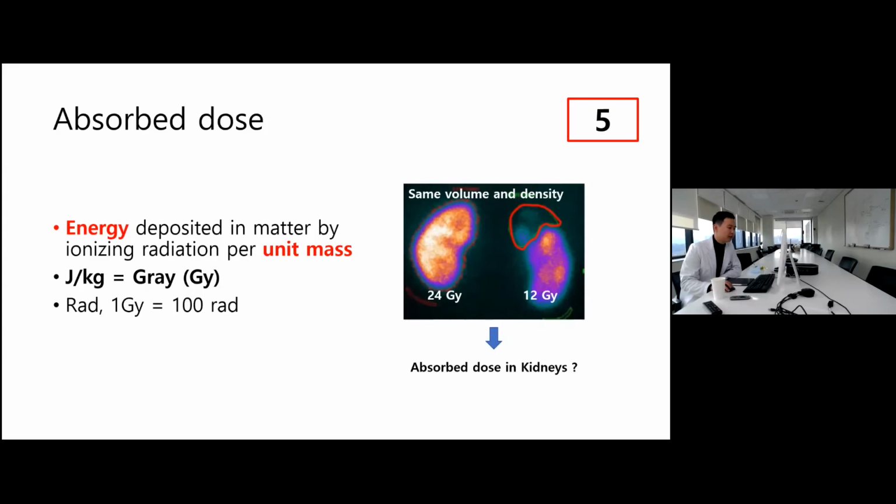The left kidney had an absorbed dose of 24 gray, and the right kidney had an absorbed dose of 12 gray. As a definition, it is radiation ionizing energy per unit mass. So if someone asks what the absorbed dose is for both kidneys, it should be 18 gray.